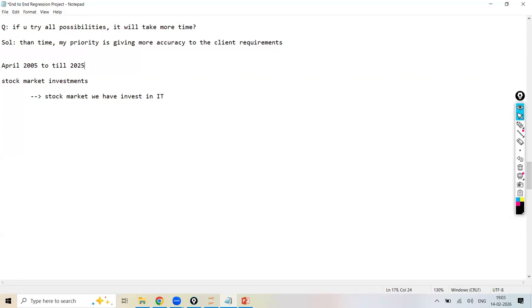Now in this 20 years, how many events have come in between? Multiple news will come at that time. For example, the 2008 Lehman Brothers crash, that is the US economy crash. In between, software recession, multiple people in India lost their jobs.